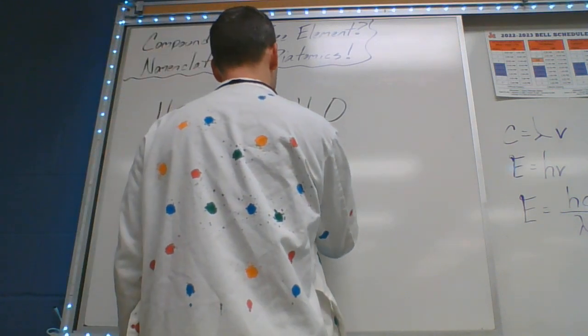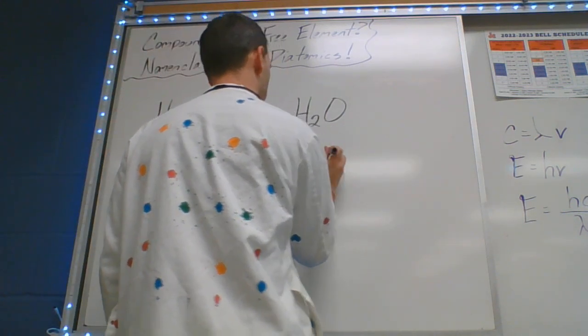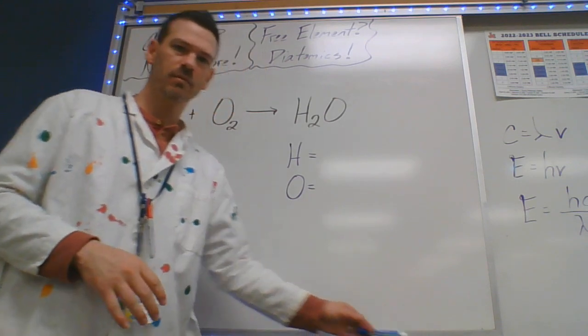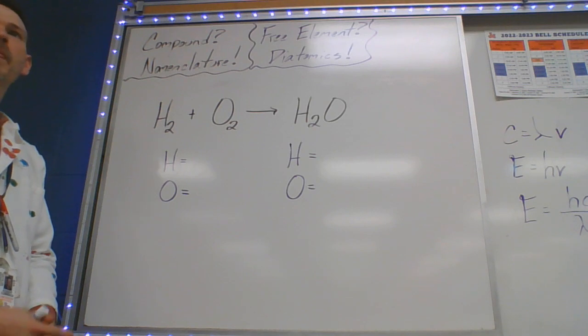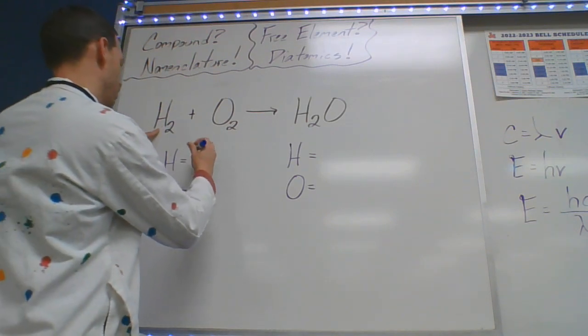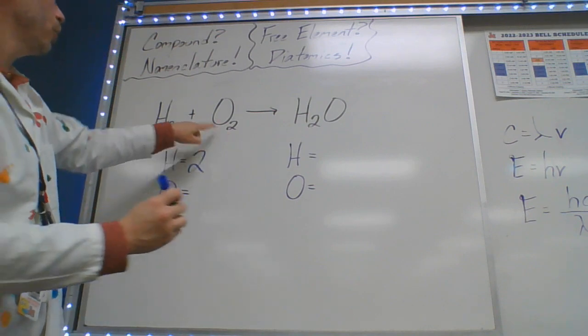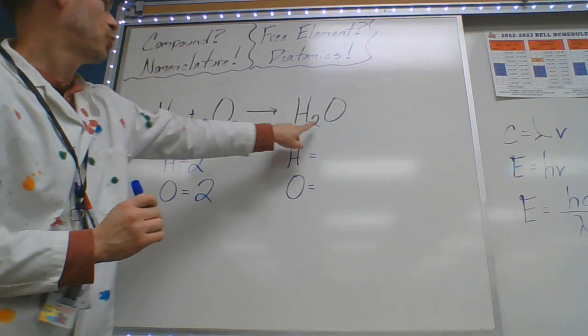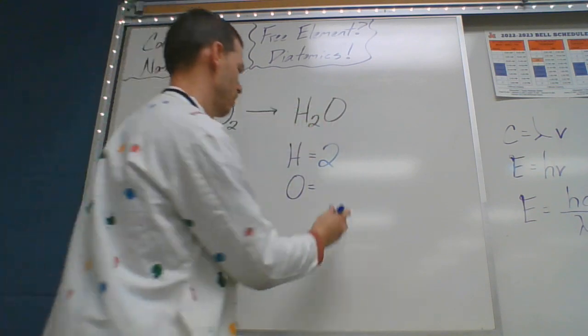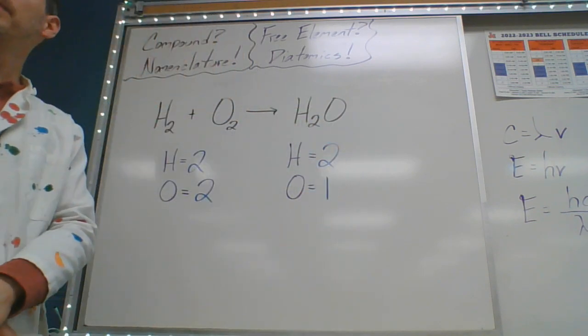So I also want H's and O's for the products. And now I count. There's 2 of those. There's 2 of those. There's 2 of those. And there's 1 of those. Are you with me?